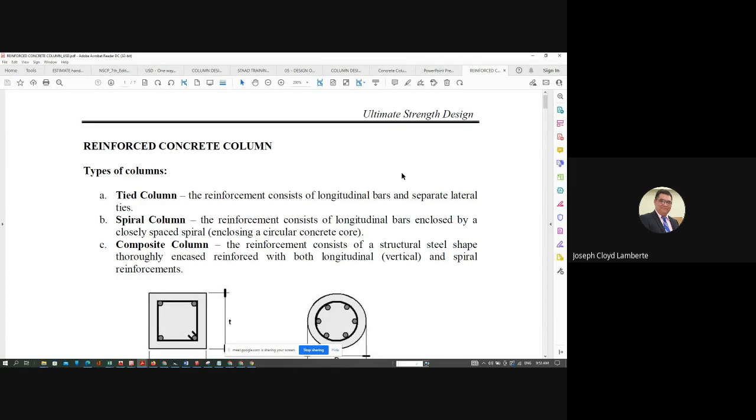While in the spiral column, the main reinforcement is still the longitudinal reinforcement bars. However, this time it is enclosed by a closely spaced spiral, enclosing a circular concrete core. So therefore, since a spiral is used, it can only be used in a circular column.